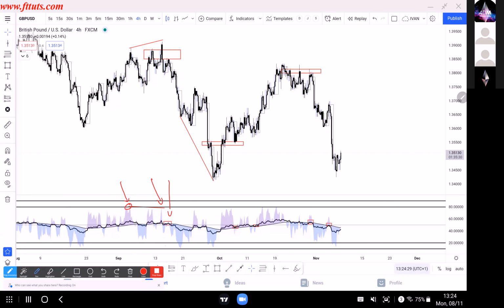Divergence plus a squeeze here where this momentum line has been rejected is confirming my continuation, and I can find my setups inside of this area here.